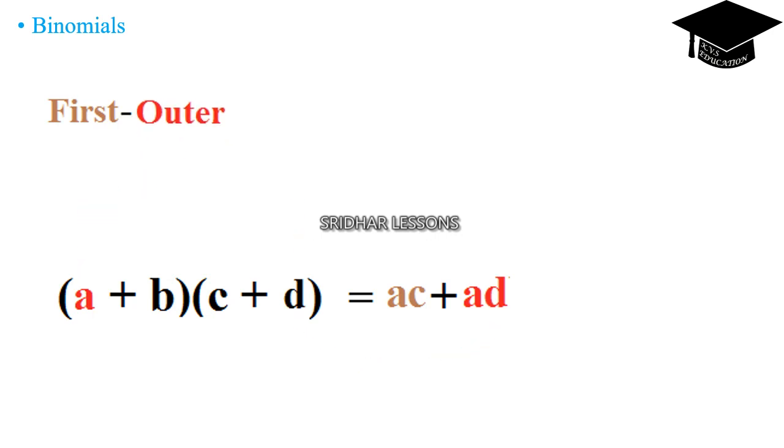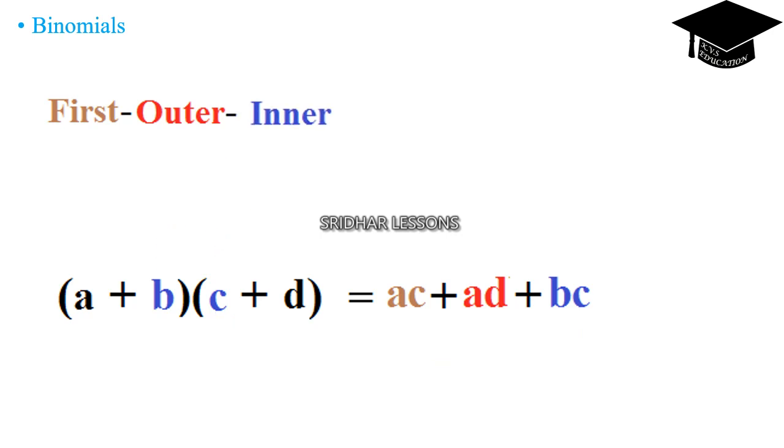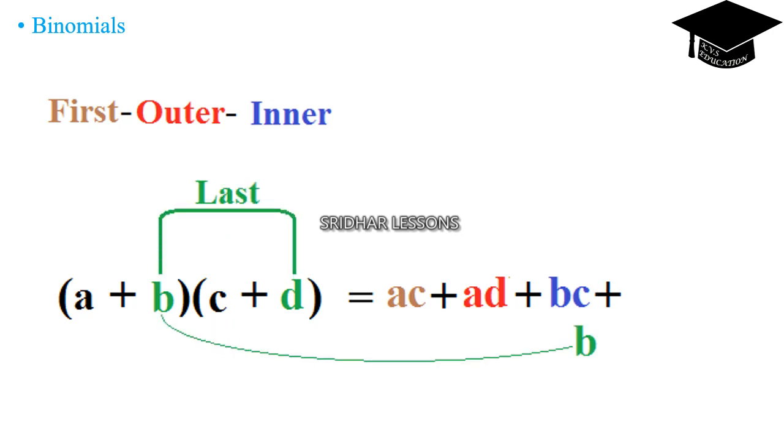Next a into d, ad. Next b into c, bc. Plus b into d, bd. See the slide carefully.